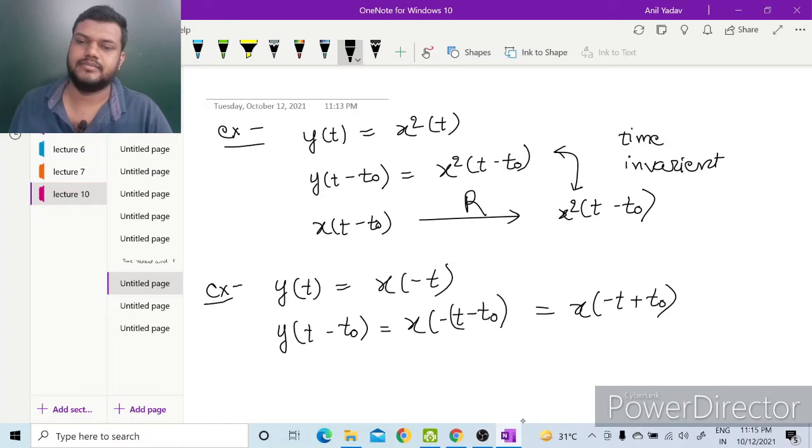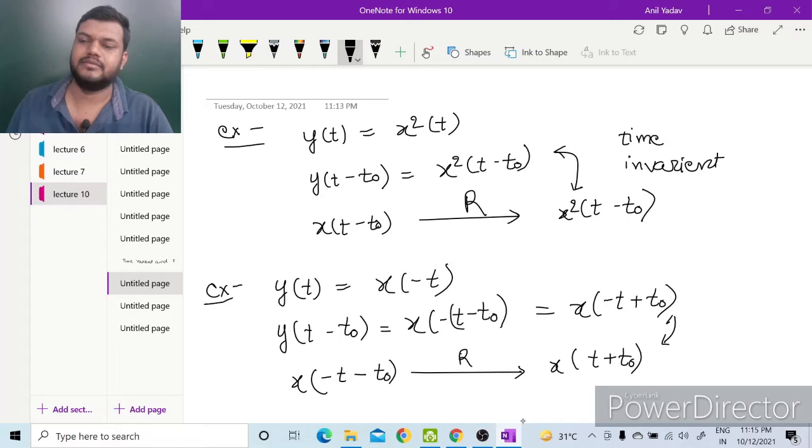Now give the input delayed by t naught, meaning in x of minus t, delay the complete argument by t naught. Now what will be the response? This system, if the input is x(t), gives y(t) equal to x of minus t, meaning it reverses its argument. So the response will be x of minus t minus t naught, that is, minus t plus t naught. Here we can see these both are not equal, so the system is time variant.